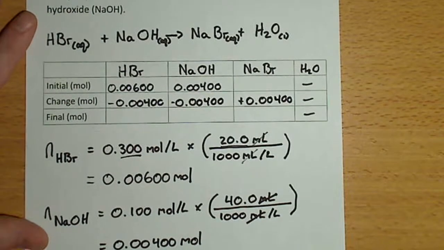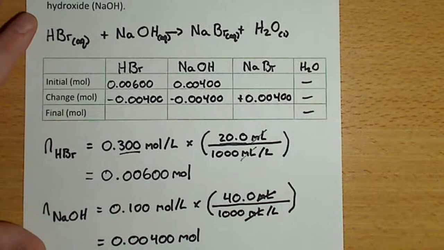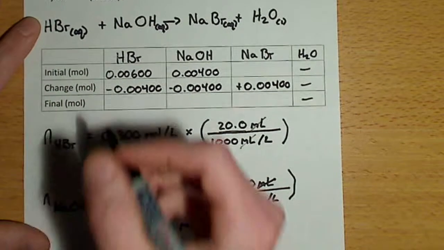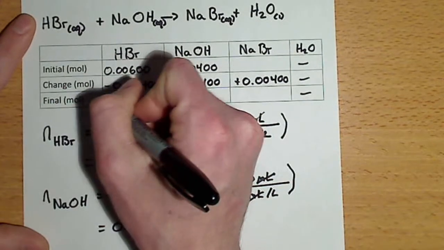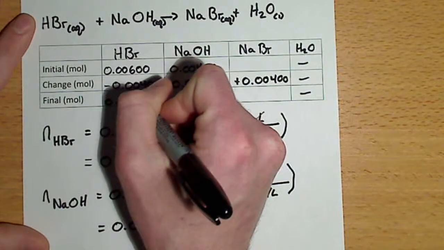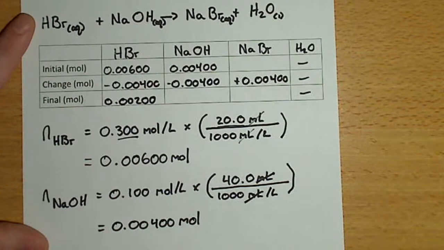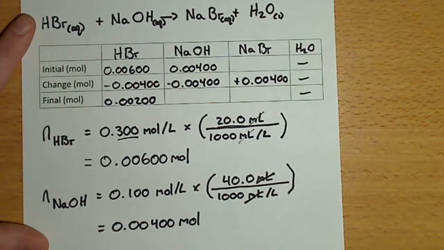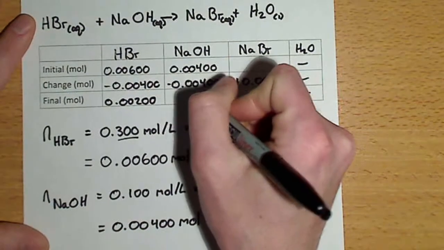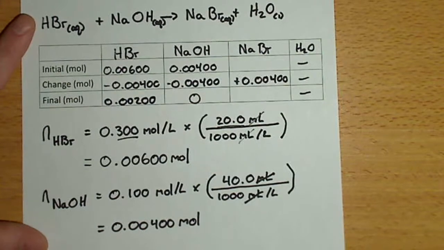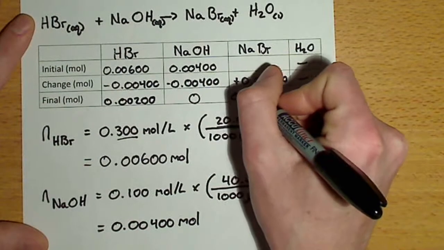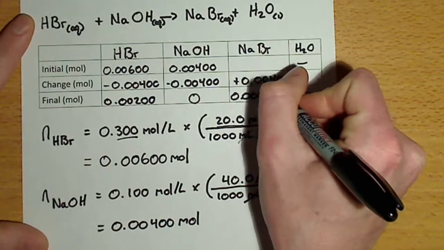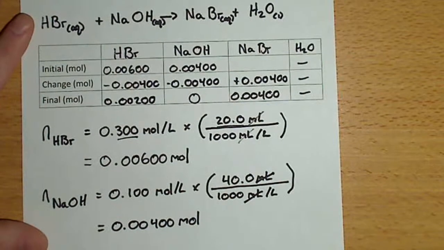And I have formed 0.004 moles of sodium bromide. That means that my final molar amounts will be 0.00200 moles of HBr, my hydrobromic acid, 0 moles of sodium hydroxide, they've all been reacted, and 0.00400 moles of sodium bromide.